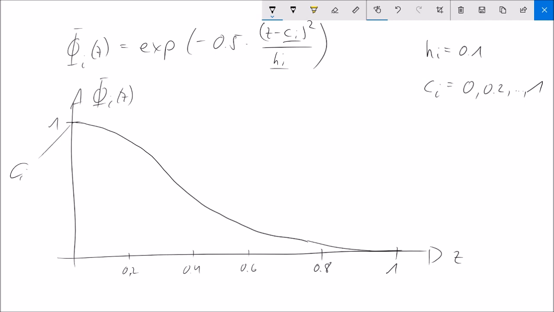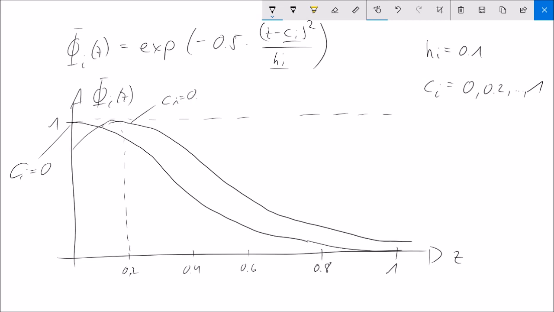Okay. So this function would be with c_i equal to 0. And the next function I will draw looks something like this. And maybe you can guess it right now, it's simply c_i is 0.2.